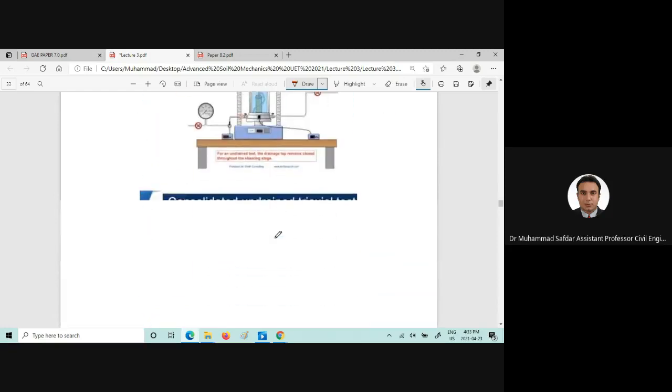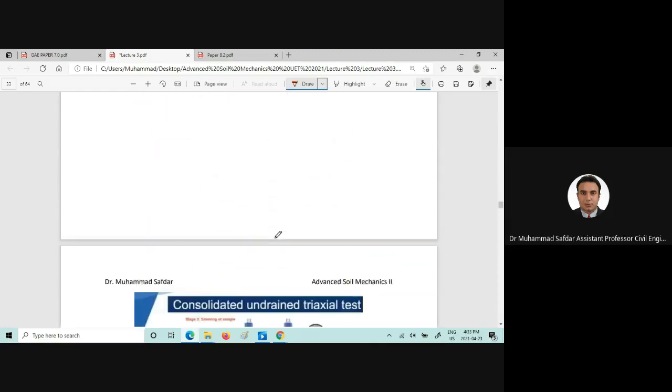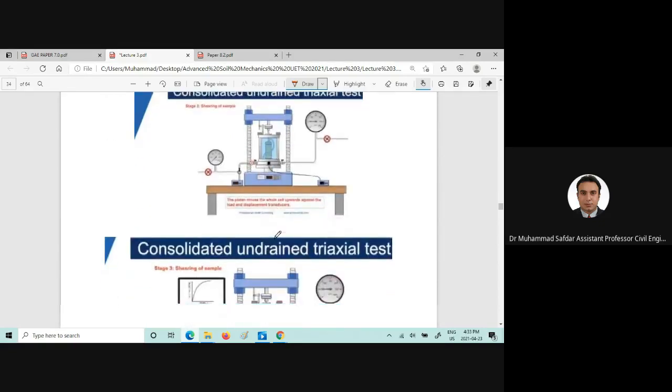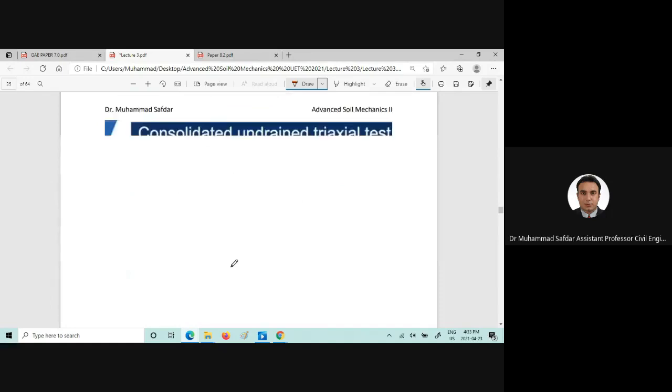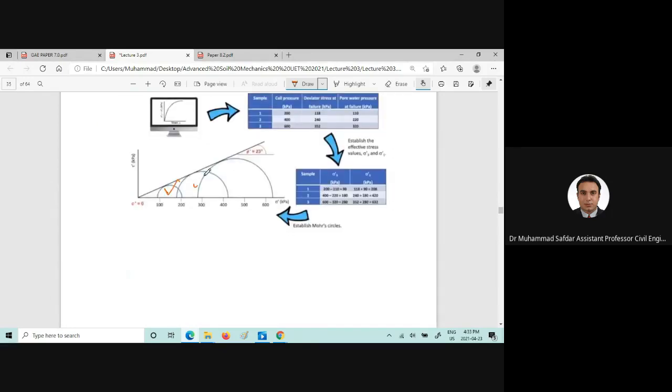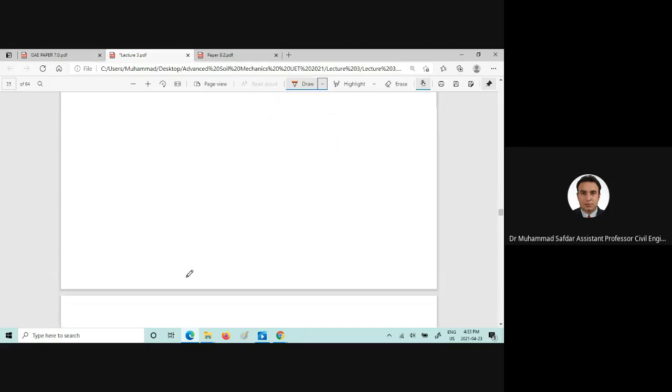And for the undrained test, the valve will be closed there. And after that, you will draw the stress strain behavior. And then the Mohr circles will be drawn, and you will get the required or desired shear strength parameters.